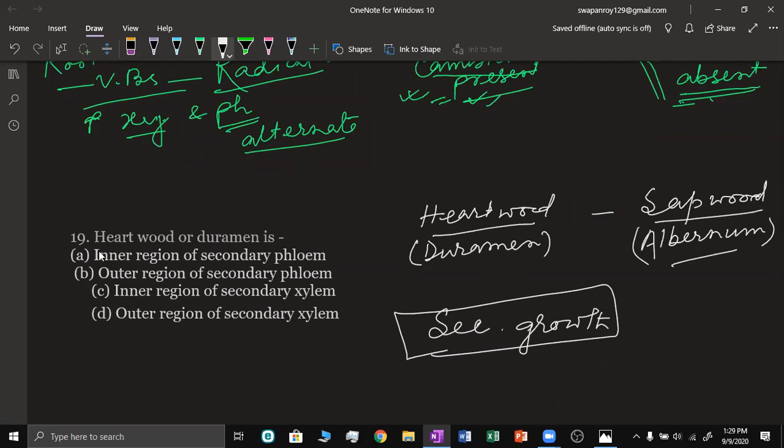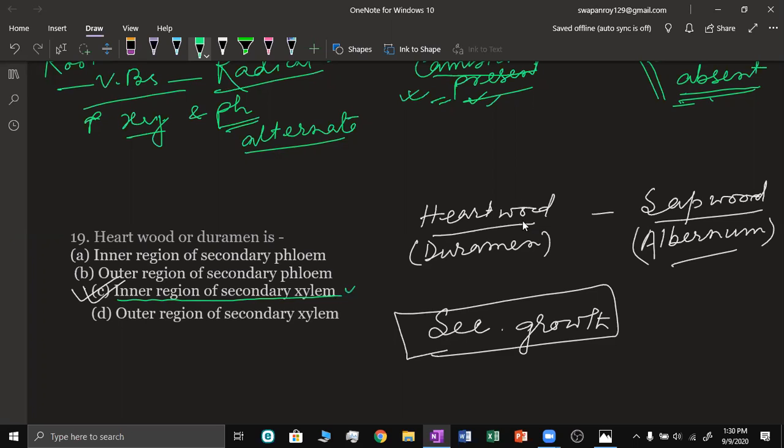Here the options are: heartwood or duramen is the inner region of the secondary phloem, outer region of the secondary phloem, or inner region of the secondary xylem. This one is the answer: inner region of the secondary xylem.